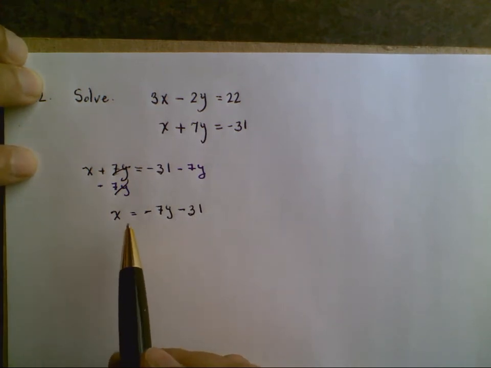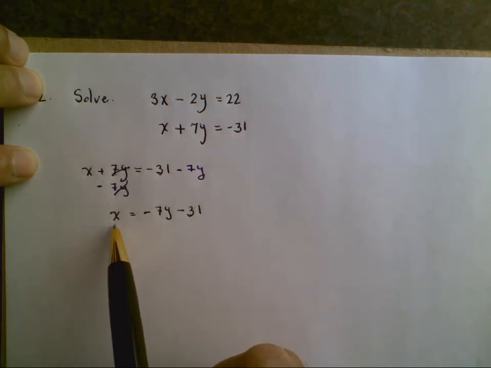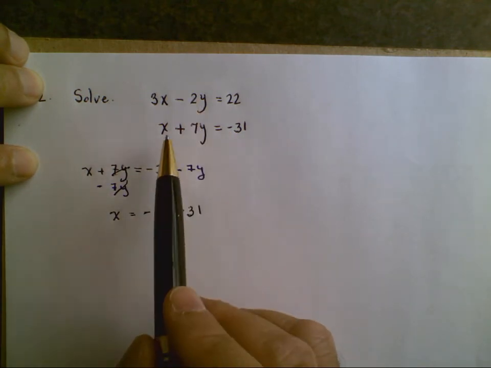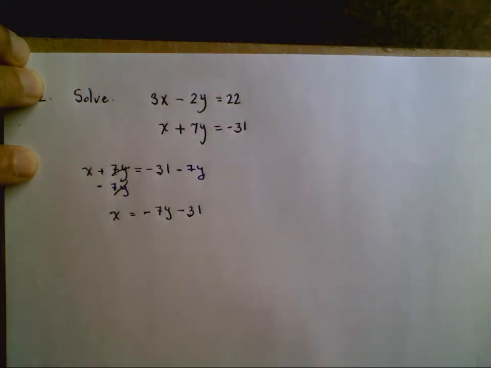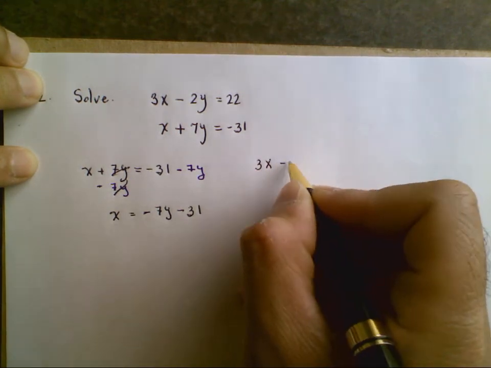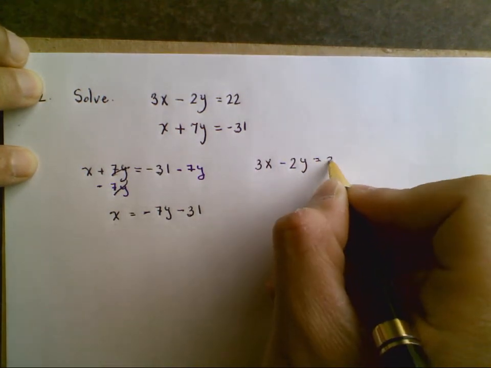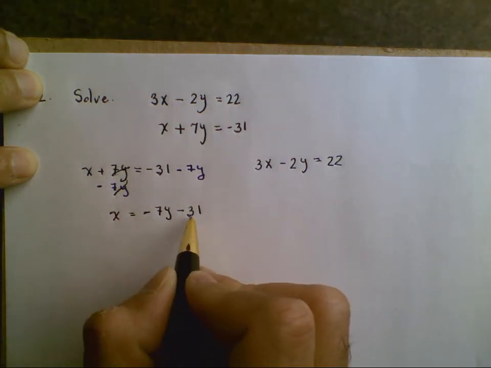We used equation number 2 to solve for the variable x. So now we choose equation number 1 to make the substitution. For example, I have 3x minus 2y equals 22. Then I know x is negative 7y minus 31.